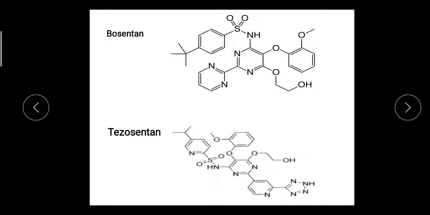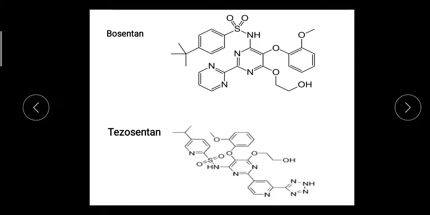Tezosentan is a water soluble ET receptor antagonist. Clinical studies demonstrated its efficacy and tolerability in the management of decompensated heart failure. Side effects of tezosentan include headache, nausea, and hypotension.